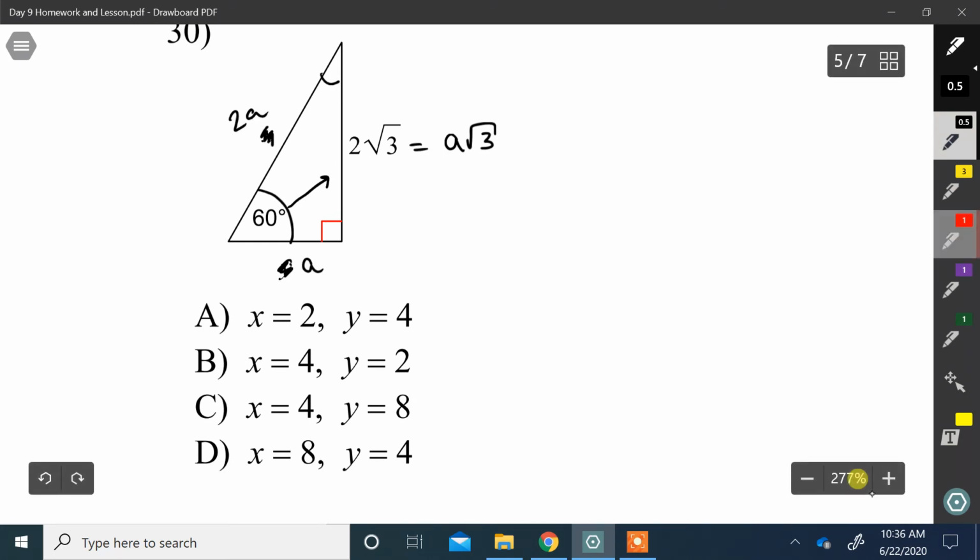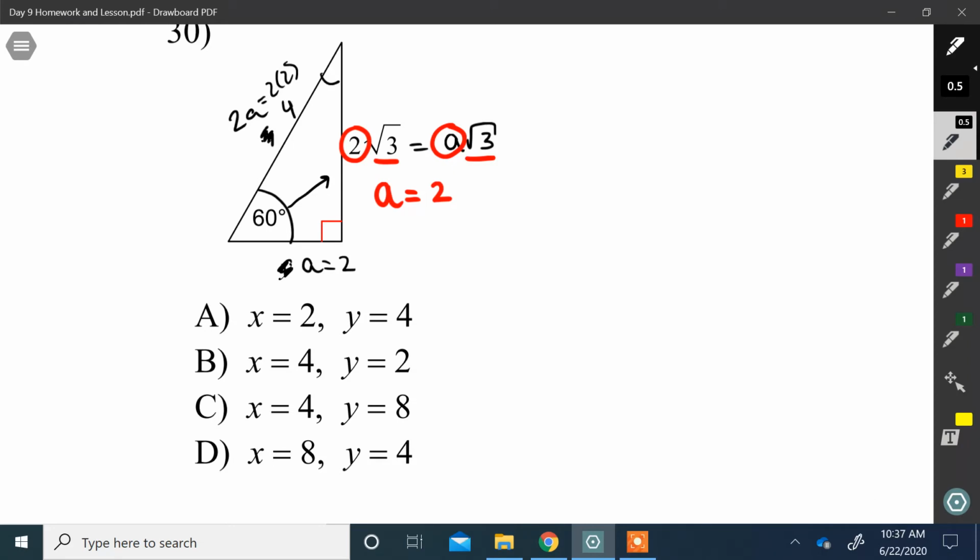I don't know if you can see it or not, but square root of 3 and the square root of 3 are right there. That means that these are equal to each other. That means that A is equal to 2. So that means that this right here will be 2, and 2A will be 2 times 2, which is 4.